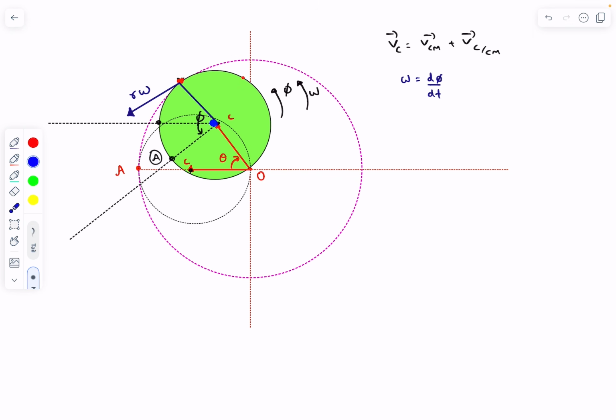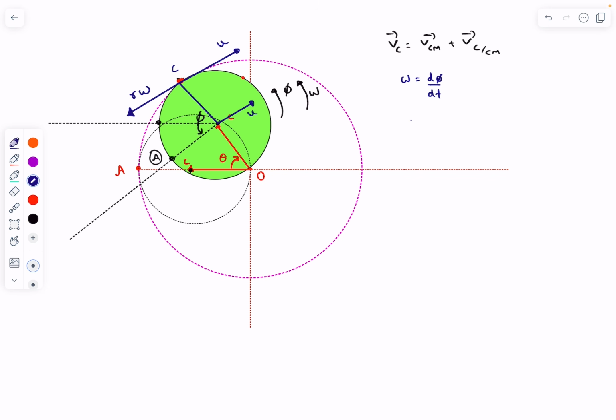Now the velocity of the contact point with respect to the center of mass is going to be r omega in this direction as I marked. The velocity of the center of mass is u perpendicular to the line CO. We vectorially add it to get the velocity of point C in the ground frame.